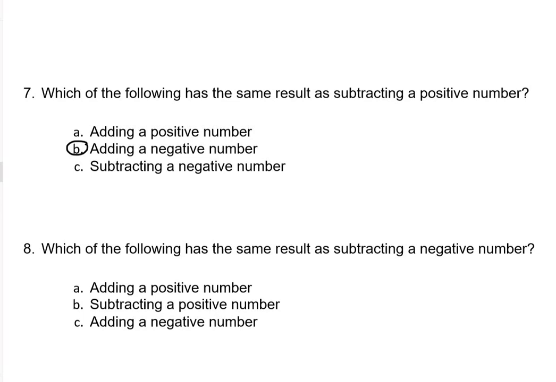Choice A, adding a positive number. Choice B, subtracting a positive number. Or choice C, adding a negative number. Okay, so subtracting a negative, we're taking away a negative. That's like taking away a sandbag. So my balloon is going to go up. So that's going to be the same thing as adding a positive number.